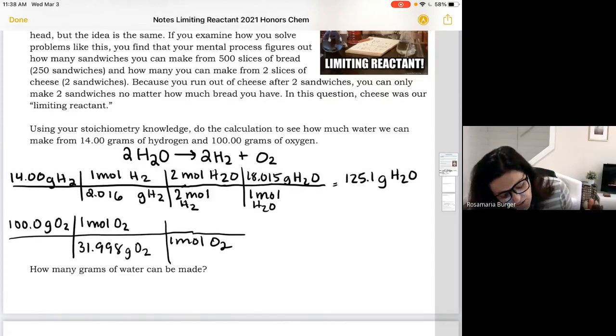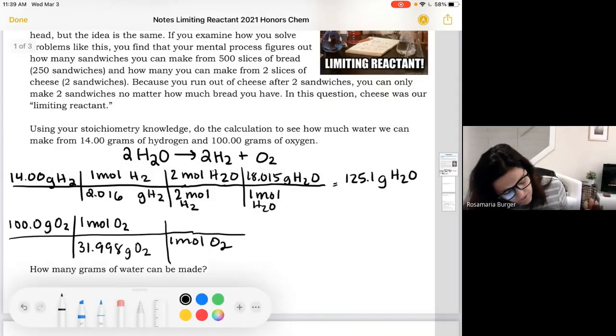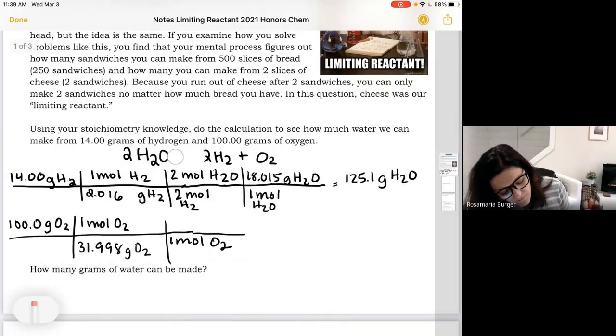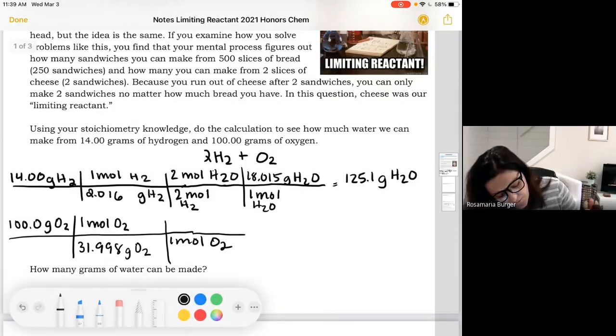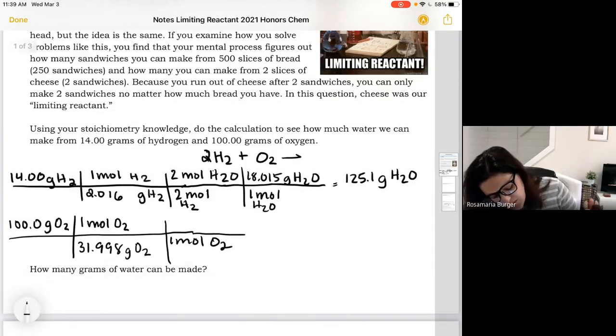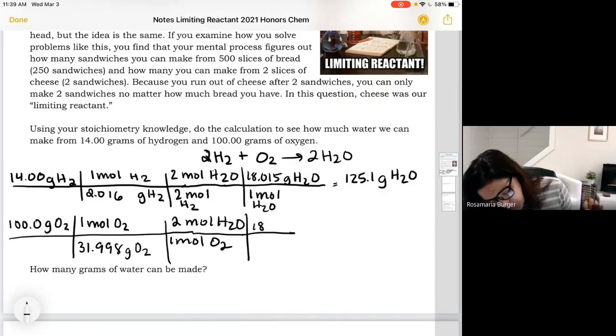I wrote this equation backwards, but it doesn't really matter, the mole ratios are the same. It should be written as 2 H2 plus O2 gives me 2 H2O. There we go, that's better. For 1 mole of oxygen, we get 2 moles of water. And then our last step is 18.015 grams of water in 1 mole of water.